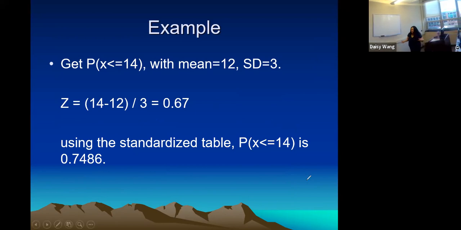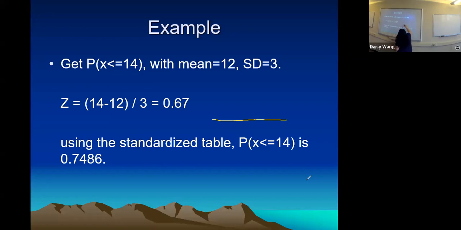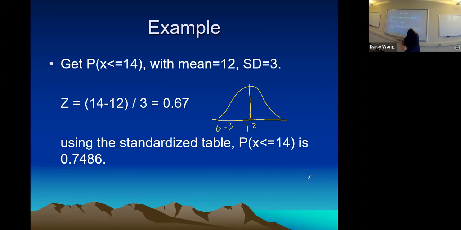If I draw just a normal distribution based on this example, this is the mean, mu, this is 12, and the standard deviation is equal to 3. We want to know the probability of this being 14. So anything here less than or equal to 14, what's the probability? What is this area? We want to know that.